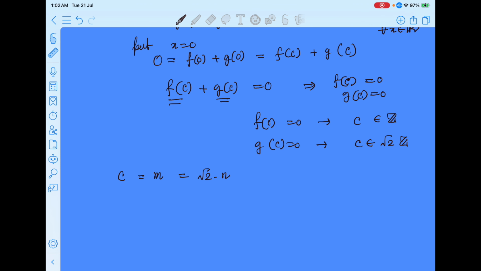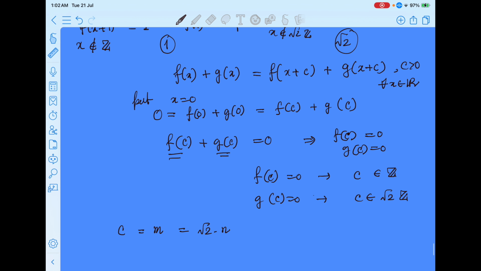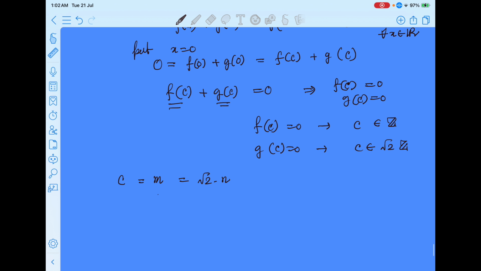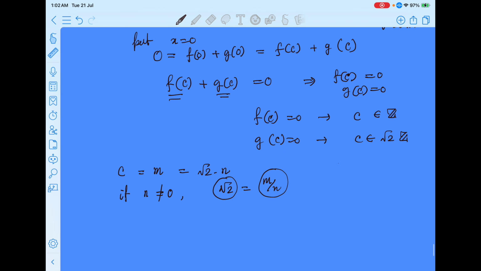So then what will be the possibility? Okay, so m equal to root 2 n. So if n is non-zero, then we can write root 2 as m by n, right? But root 2 is irrational, m by n is rational, so that's not possible.